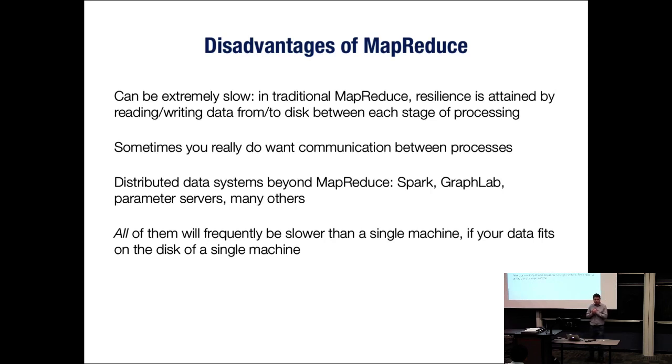The way MapReduce is usually run is that every time you run a mapper task or a reduce task, you take the input, you read it from disk, you run your mapper, and you write that result back to disk. This is how you achieve the resiliency of nodes possibly going down.